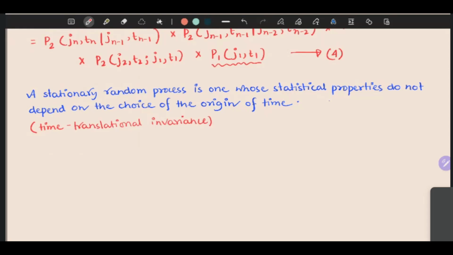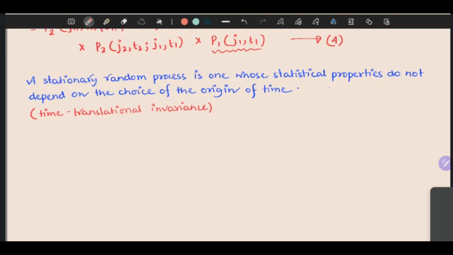Sometimes in mathematical literature, a stationary random process is called a homogeneous random process, because stationarity is the same as homogeneity, since there is no preferred point.